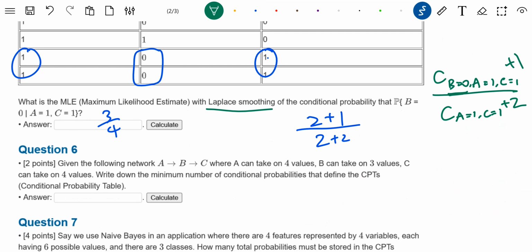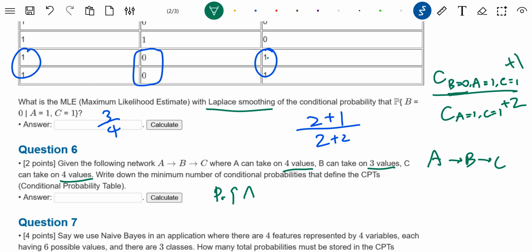Alright, so let's continue. We have this A, B, C network. And A can take 4 values, B can take 3 values, C can take 4 values again. And we want to find the number of conditional probabilities that we need to store. So the idea is very similar to an earlier question that I talked about in this practice exam.